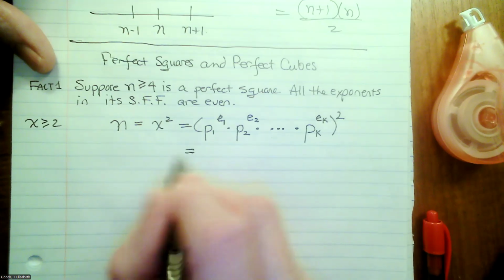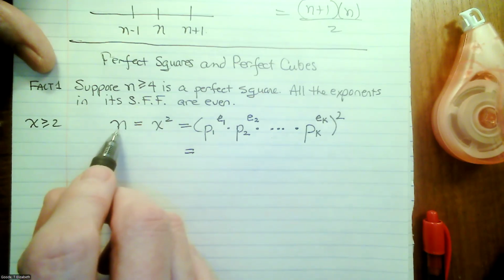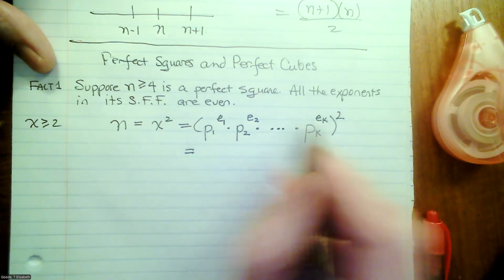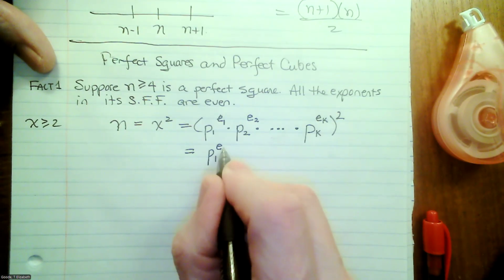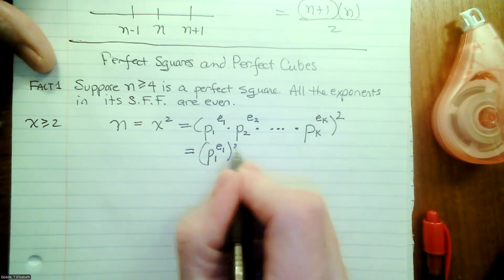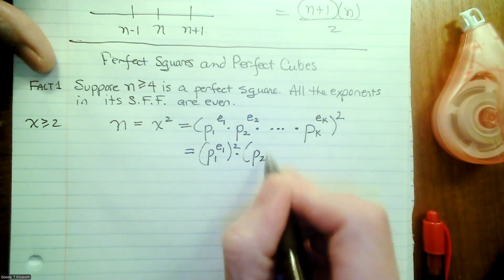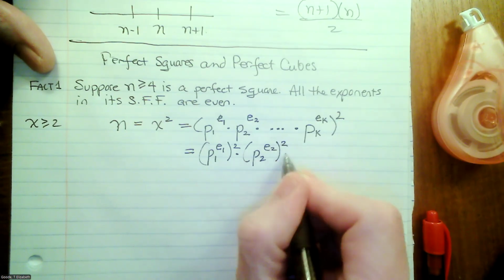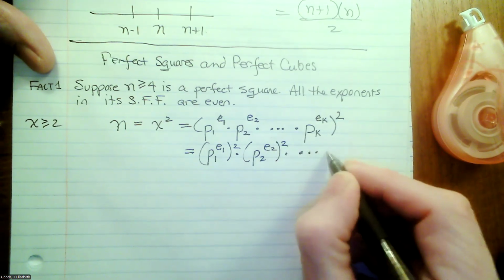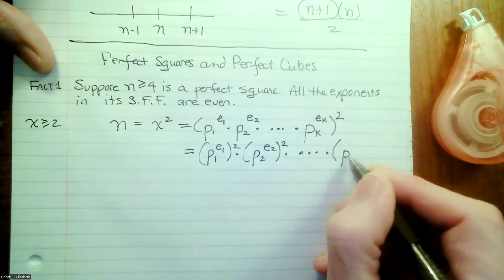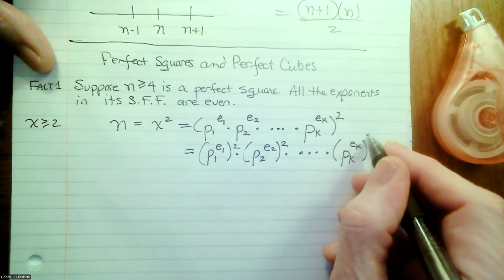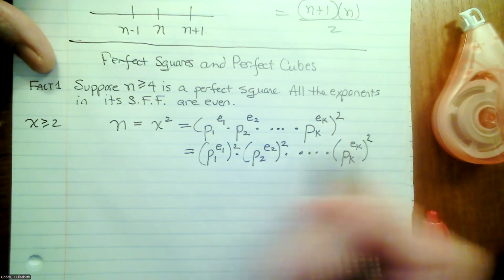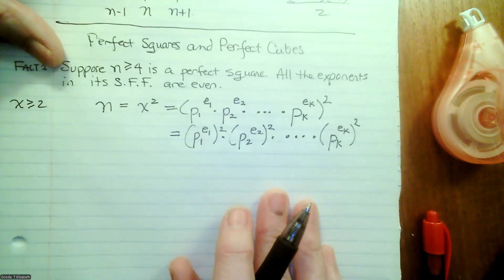And then, since we square this whole thing, the power of 2 gets distributed across all these factors. That's just a law of exponents: if you have a product being raised to a power, here the power is 2, that exponent can be distributed across the factors.